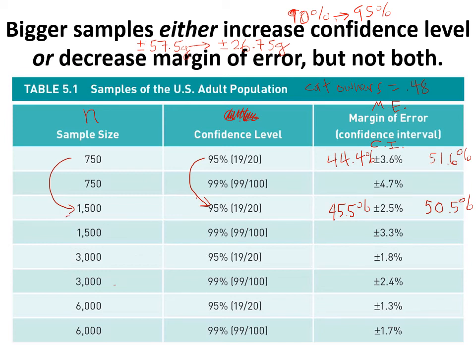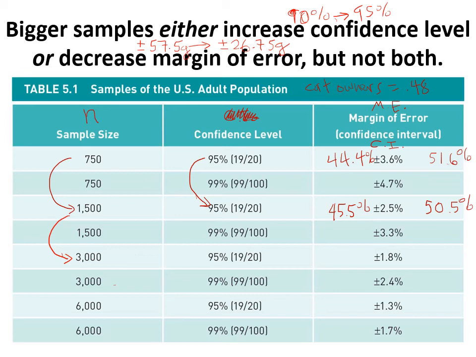So if we go to this one, so that's 750, this is 3,000. So this sample here is 4 times as large as that one. And we should then see that this margin of error is 1/2 of that, which indeed it is. So 1.8% is basically half of 3.6%.